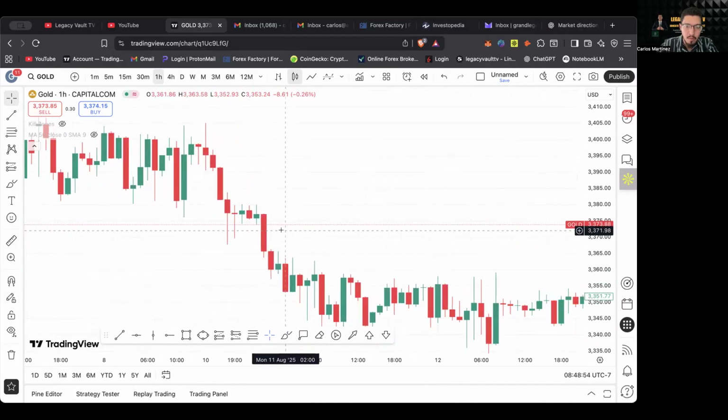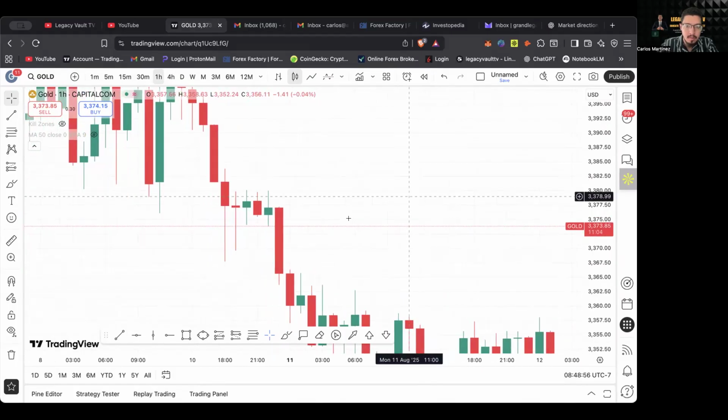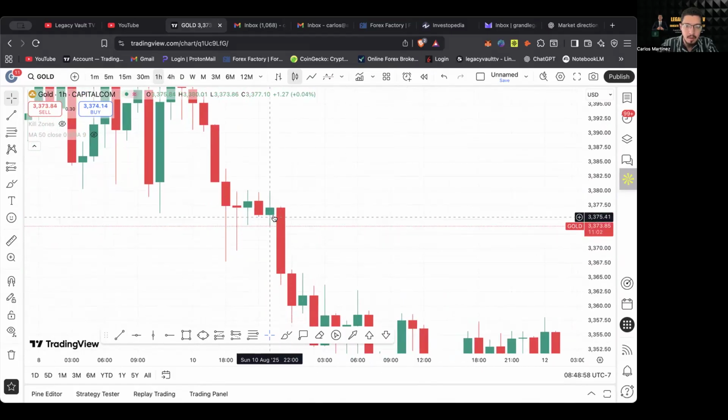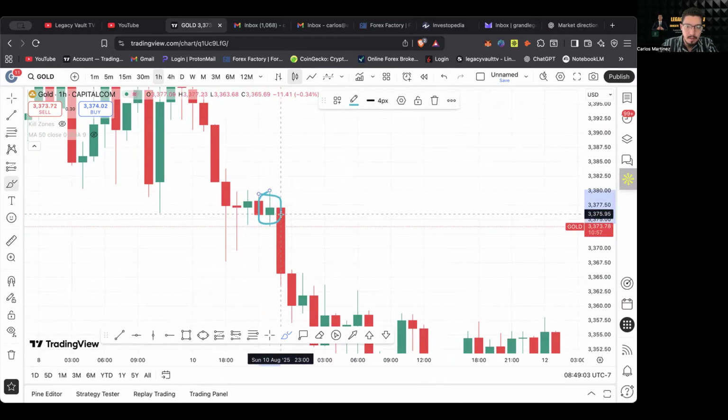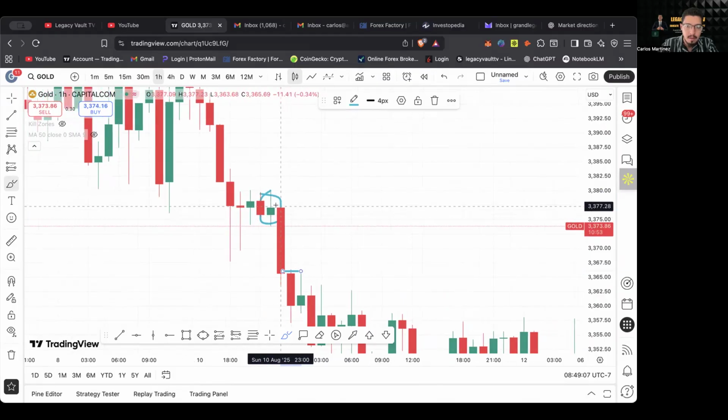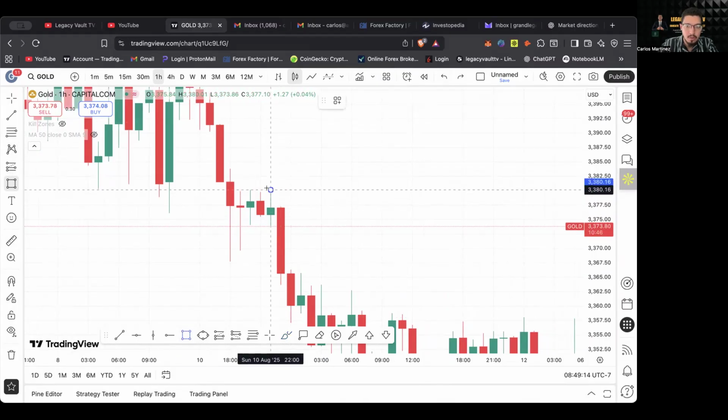This is an example of an order block. So currently price is filling this area. See, there's an order block right here, left an imbalance. So therefore, we can draw a rectangle.